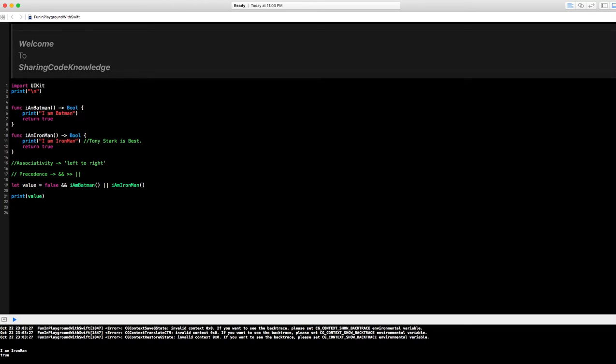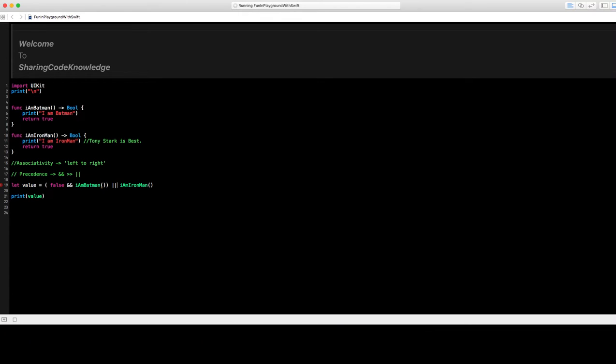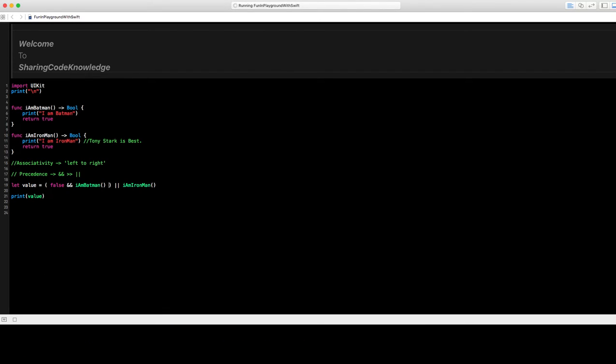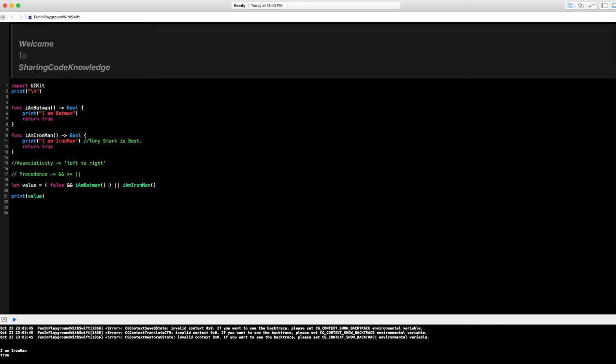So in this expression, what is actually happening is this. First, this is happening. So first, the AND operator will be evaluated because of precedence, and the complete expression will follow associativity left to right.